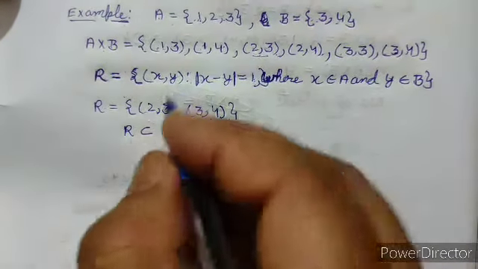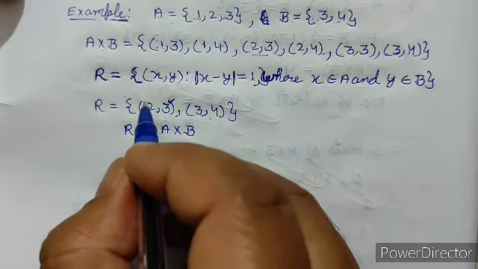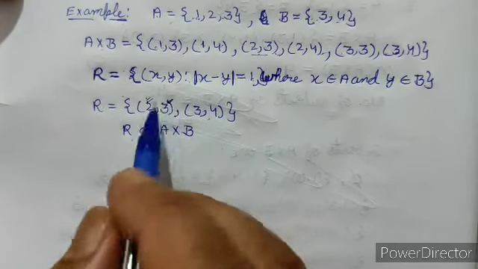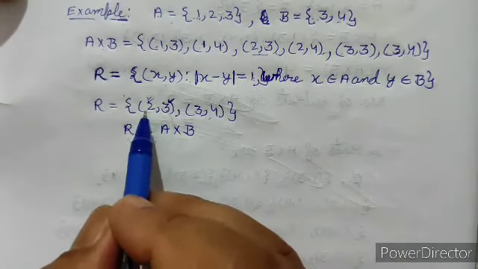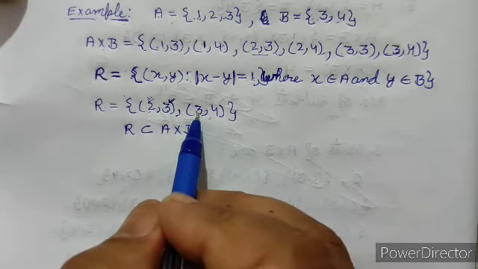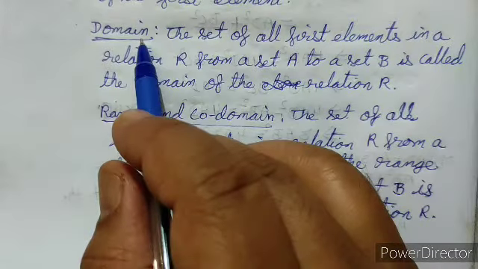Now, the second thing is, the second element of the ordered pair in the relation is called the image of the first element. That means here 3 is the image of 2 and 4 is the image of 3. Now, domain of a relation.